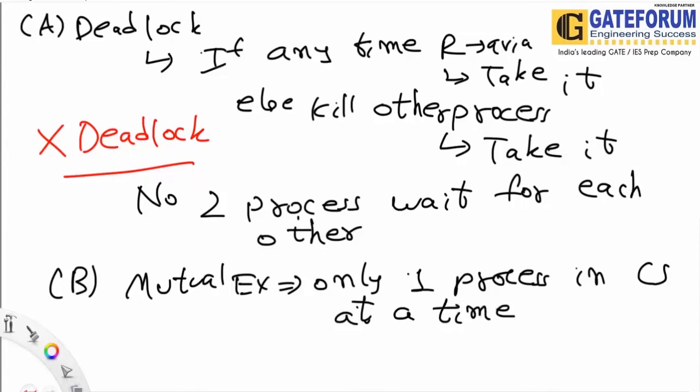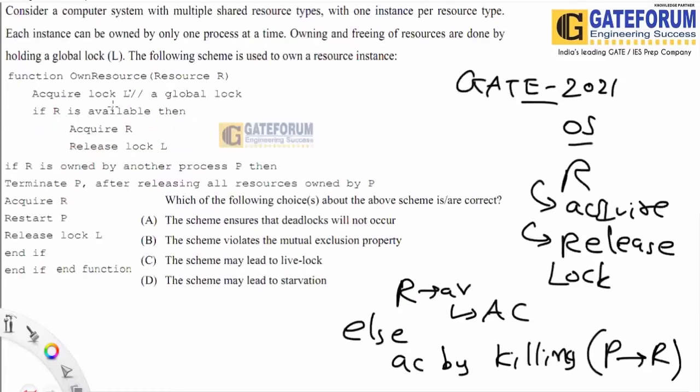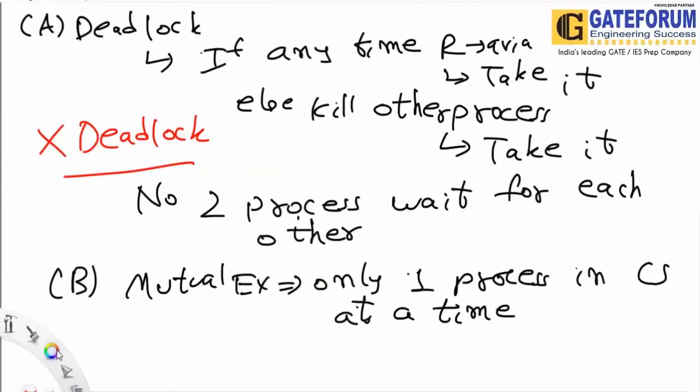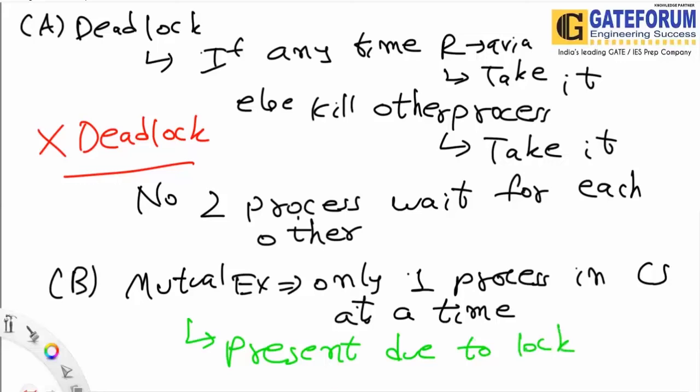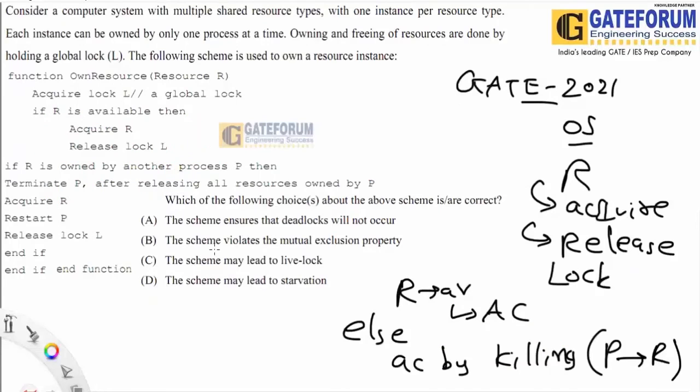Because of the lock which is acquired here, this is guaranteed. This is present due to the lock we have applied, so mutual exclusion is present. So the second option is incorrect, where we say the scheme violates the mutual exclusion property.